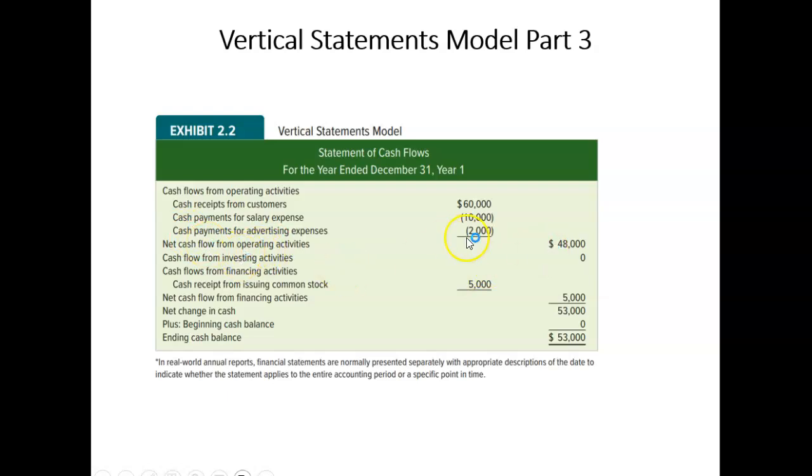We did not have any investing activities. We didn't acquire any long-term assets. Under our financing activities, we did issue common stock for $5,000. Therefore, our overall net change in cash was $53,000. Beginning cash was 0. Ending cash balance was $53,000.